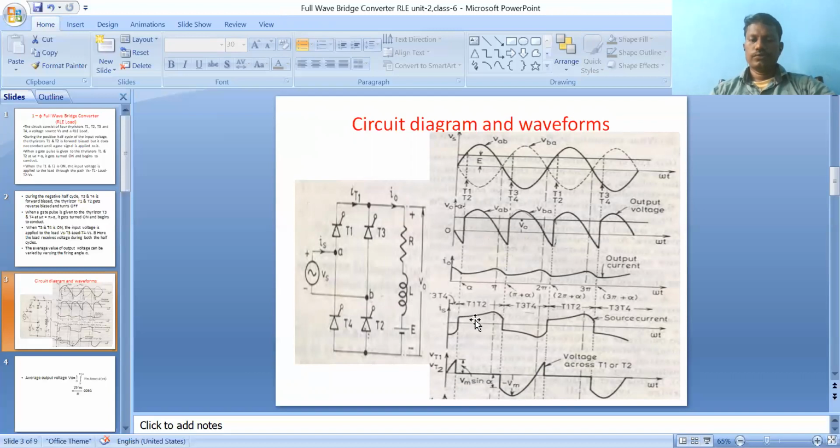Okay, so this is the graph of VT1 and VT2, the voltage across thyristors 1 and 2, then the load current, and also the source current, about T3, T4 and so on. In this graph you should know the conduction period is alpha to pi plus alpha.